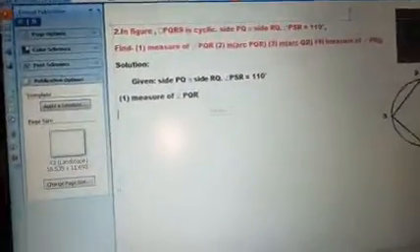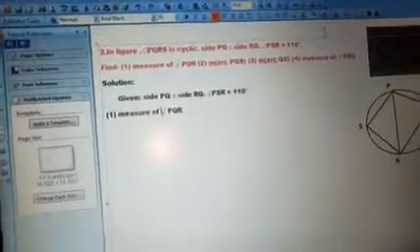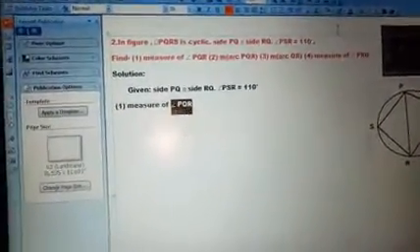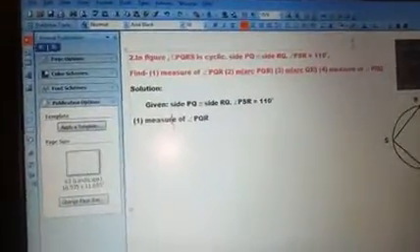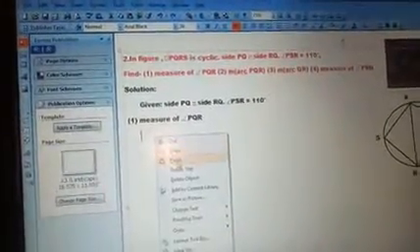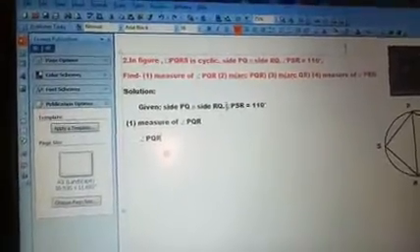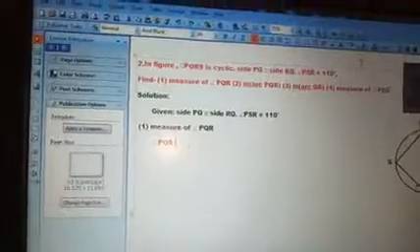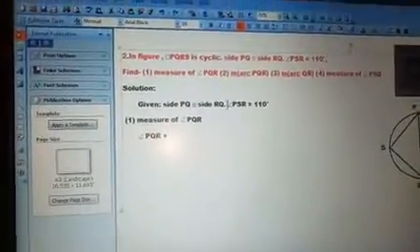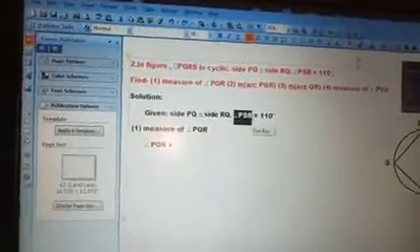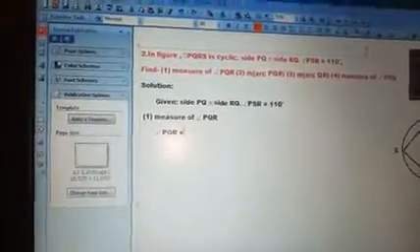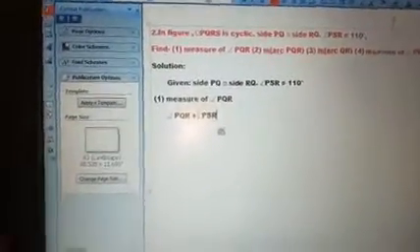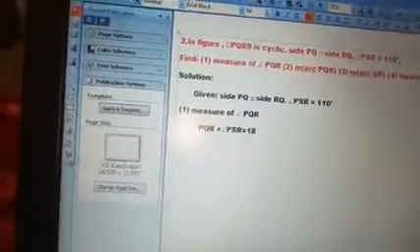So now we can use here the cyclic quadrilateral theorem. Its meaning, angle PQR plus angle PSR, both sum is supplementary, means 180 degrees.